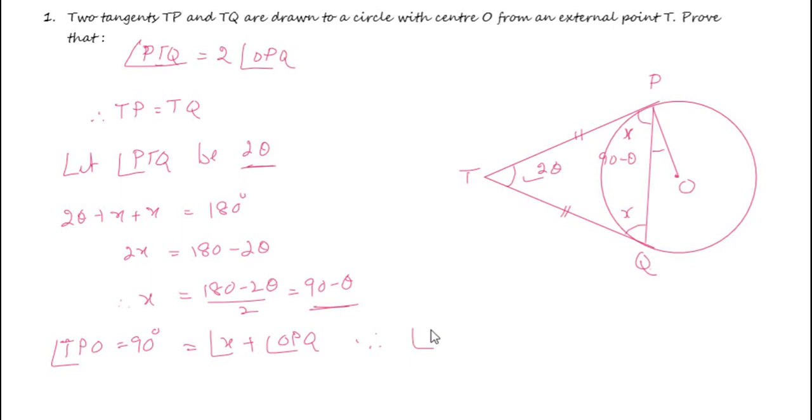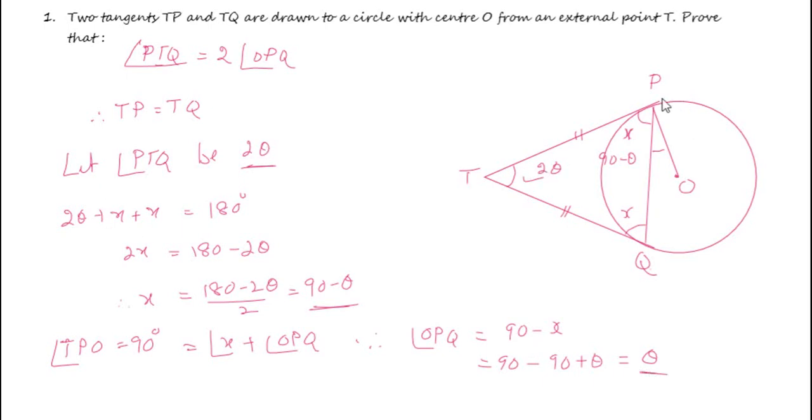Therefore, angle OPQ equal to 90 minus x. X is equal to 90 minus theta. So this becomes 90 minus 90 plus theta. So this is equal to theta.